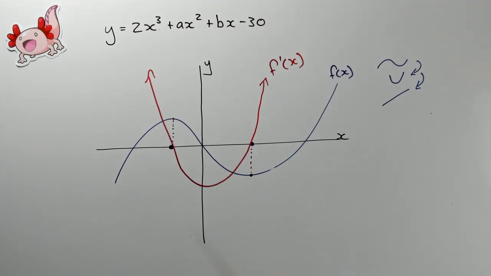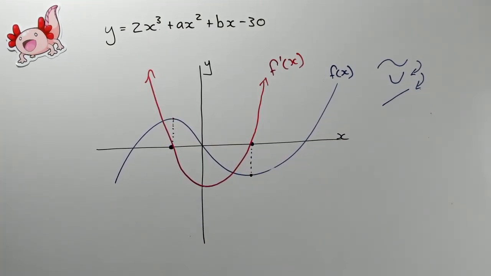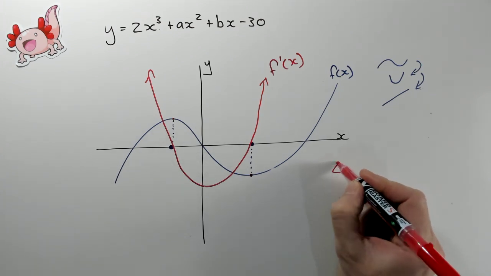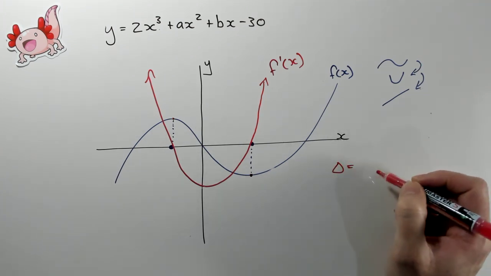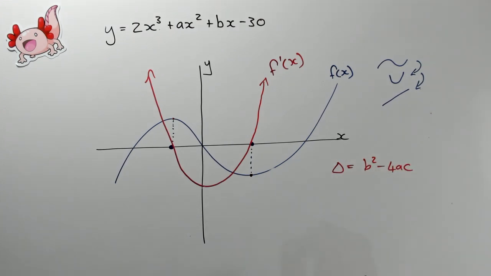But what do I know about parabolas? Way back when, you should know what the discriminant is. The discriminant is that part in the quadratic formula that's b squared minus 4ac, the part underneath the square root.